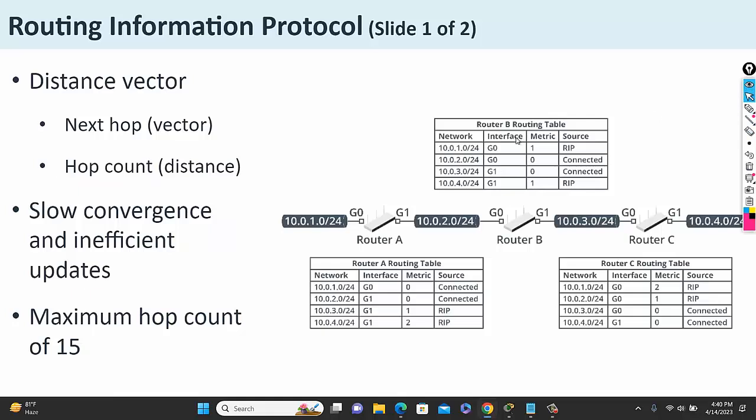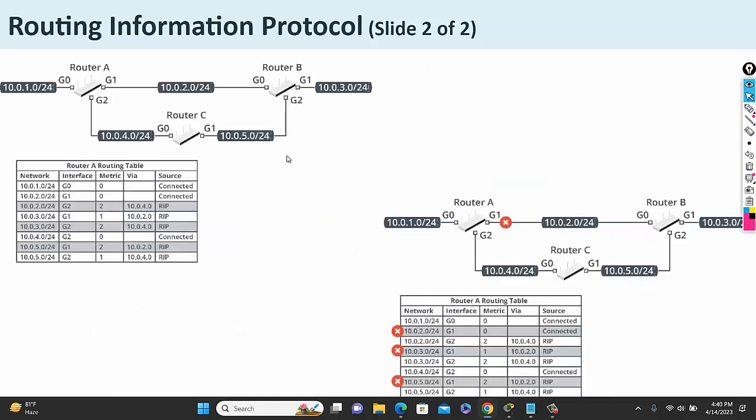There is some other information about RIP here: the network, the interface, the metric, and the source, meaning directly connected, with RIP enabled here and here.